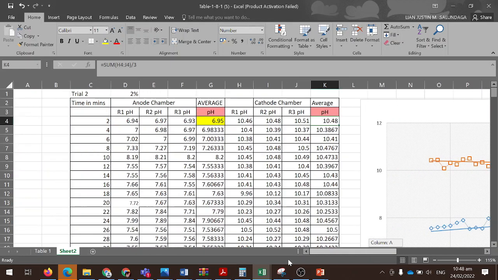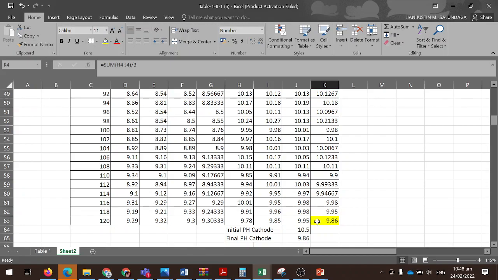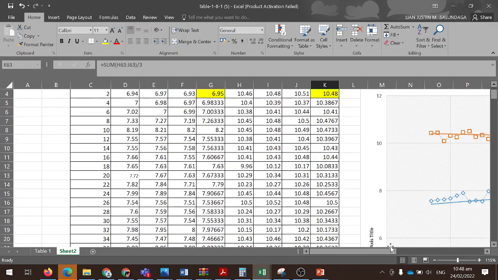So if we were going to try to find the initial pH of the cathode chamber, it is 10.48, and the resulting is 9.86. So it decreased slowly, no?